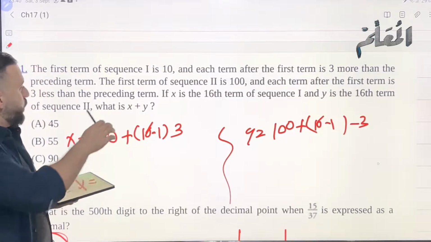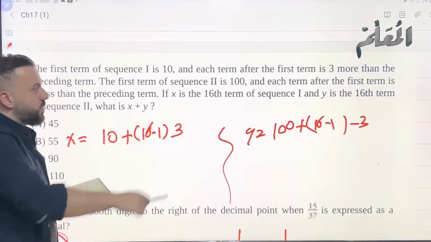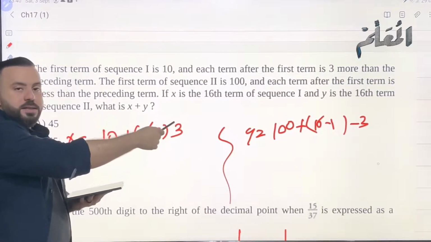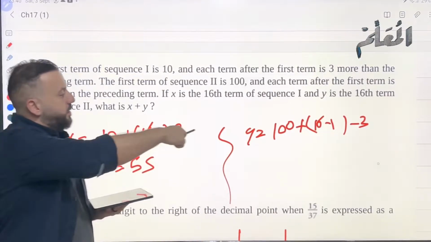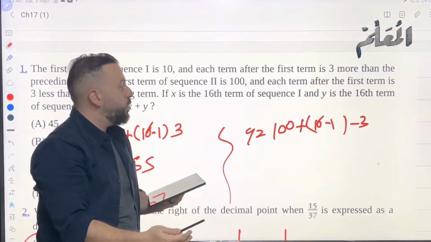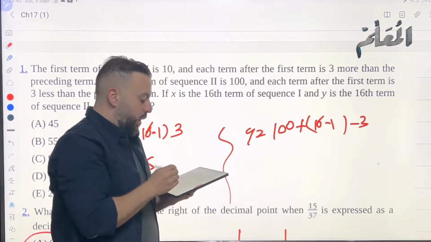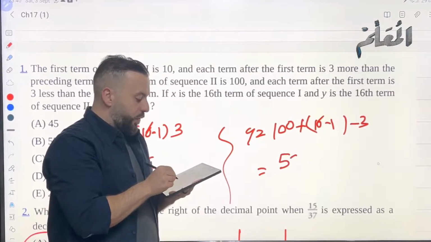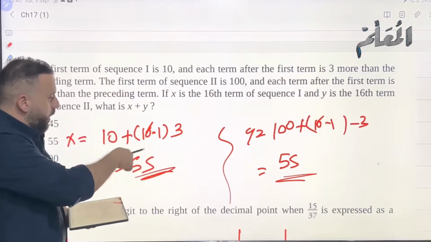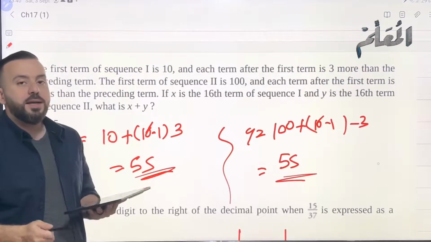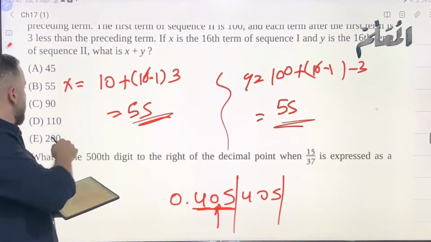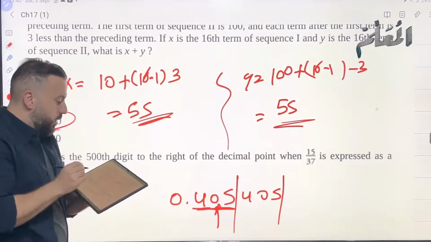If you solve this one and this one, here we are increasing, so using a calculator directly it becomes 55. And here also, decreasing from 100, we go down, and that's going to be also 55. So adding up both arithmetic sequences, we can say that the sum is equal to 110. The choice is D.